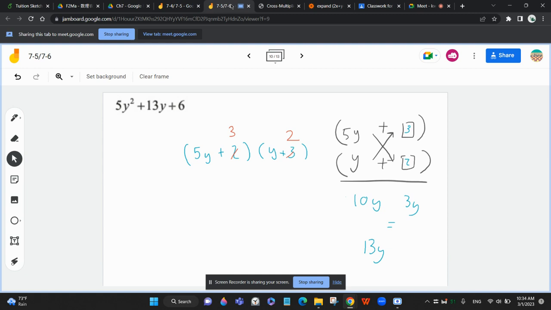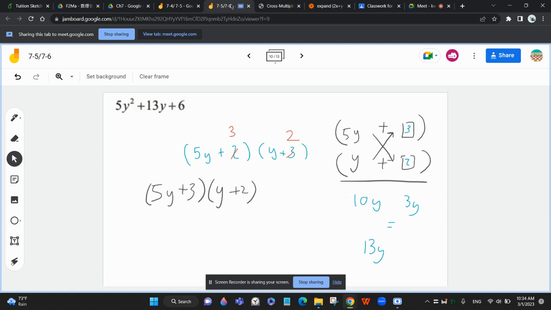Because let's say if we have 5y plus 3 times y plus 2, if you look at the product thing, you would have a cross product, right? The 5y should multiply to the 2 here.